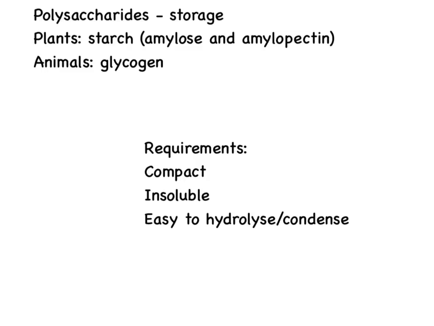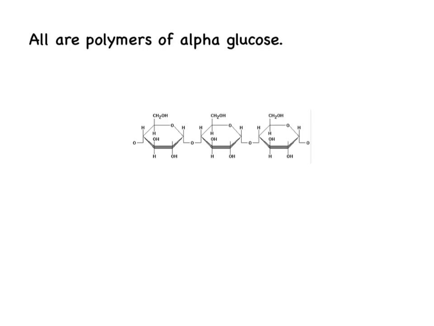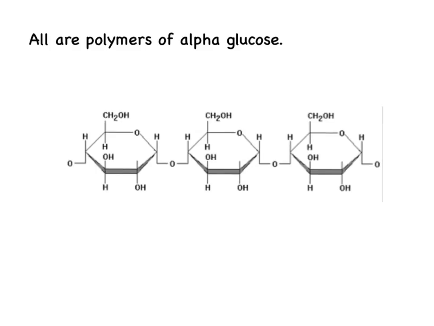They have to be insoluble so they don't affect the osmotic properties of the cell, and it has to be easy for them to hydrolyze or condense, so release glucose or take up more glucose. All of the storage compounds that we're going to look at today are polymers of alpha glucose. So they all look a little bit like this, with alpha 1,4 glycosidic bonds joining the individual glucose units.